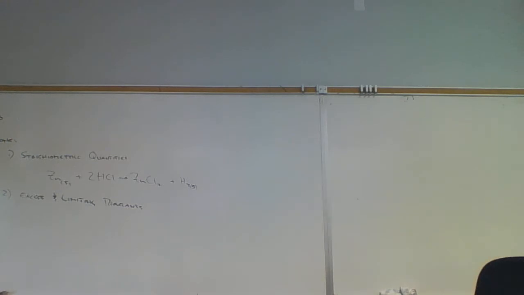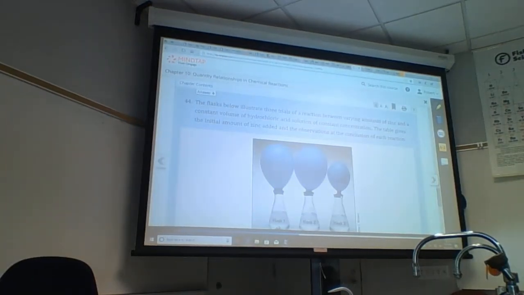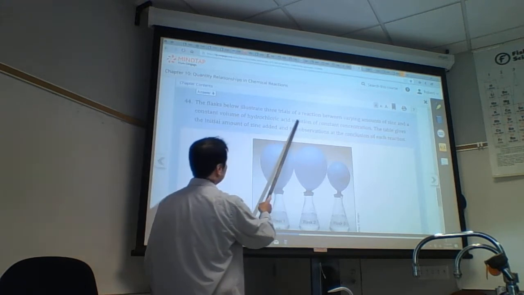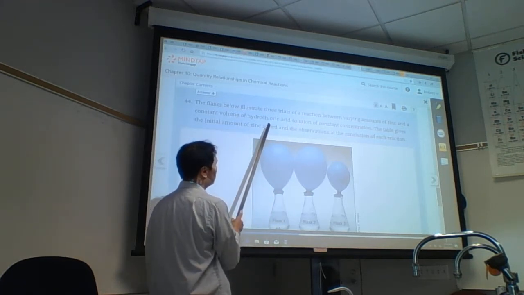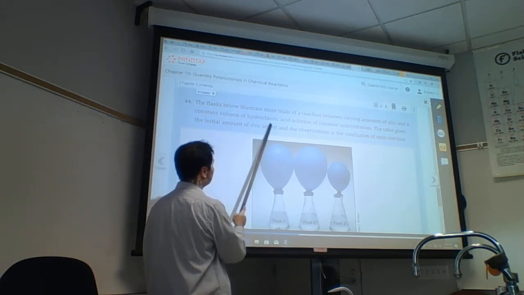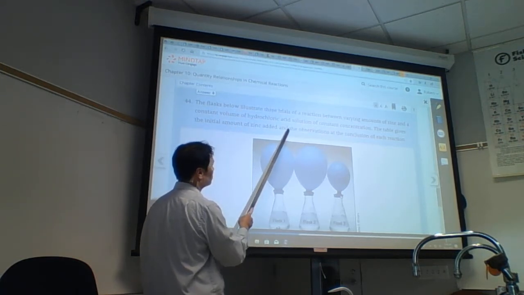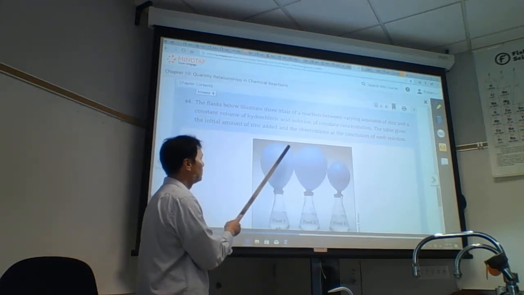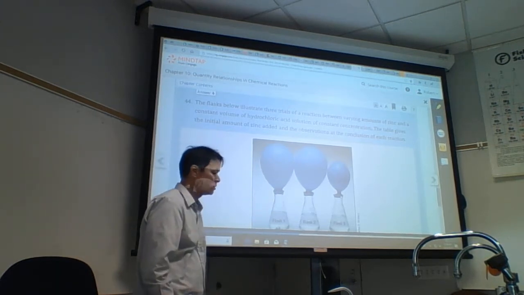And so let's take a look at number 44 here in the homework. This is doing it in 3 ways. The plots below illustrate 3 trials of a reaction between varying amounts of zinc and a constant volume of hydrochloric acid solution of a constant concentration. The table gives the initial amount of zinc added and the observation conclusions of each.